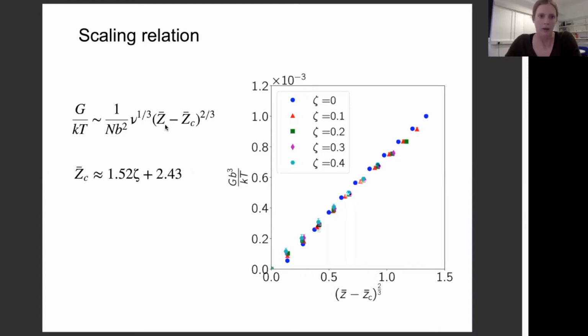So you can see that the effect of loop fraction is lumped into this critical coordination value, and when we do that, all curves collapse onto a single master expression. So going a bit beyond that, the question is, why does it arise? What's the origin for this scaling, in particular this one, which might trouble you if you're familiar with rubber elasticity theory, and you would maybe expect that it would be proportional to density and not the power of 1/3.